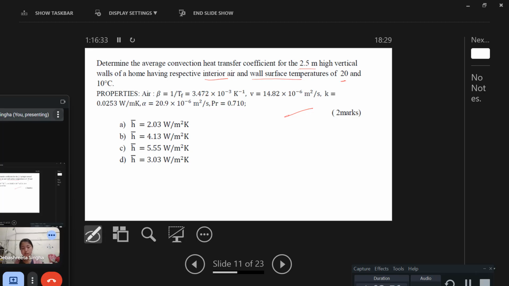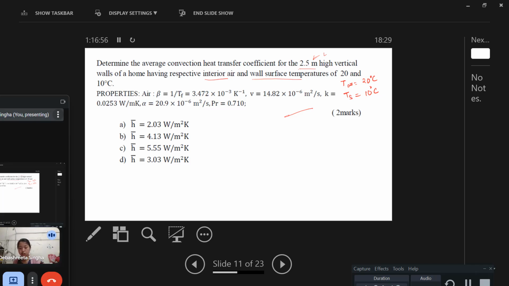So the air temperature T infinite is 20 degrees Celsius and the surface temperature, that means the temperature of the walls, is 10 degrees Celsius. This is the length.